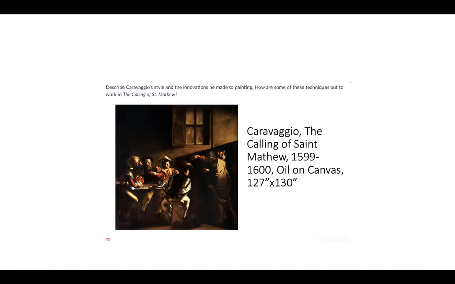I didn't mention it before, but it's also interesting that you can see that there's a space at the table here for the viewer, like you could come sit down with them at the table. Just kind of a fun little moment in that painting.